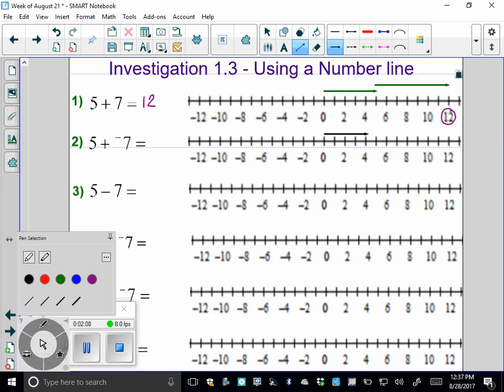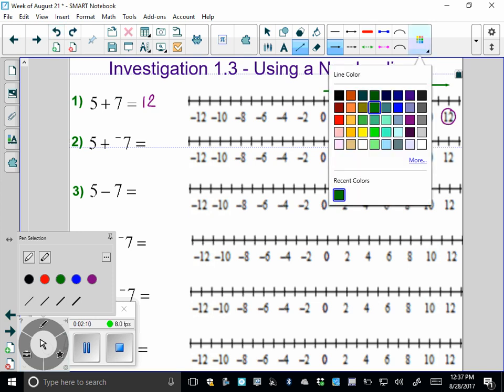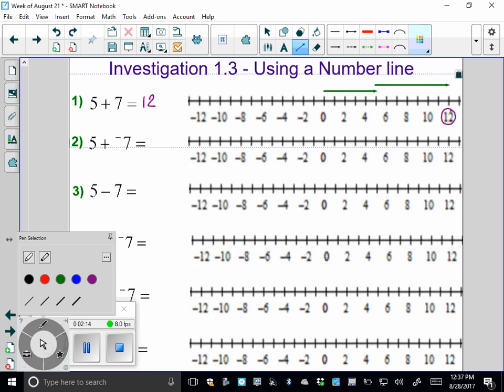Let me put that green back in there. I'm going to go to 5 again, but instead of adding 7, which would put us over here, I like to think of that negative as adding the opposite of 7, which would put us there.